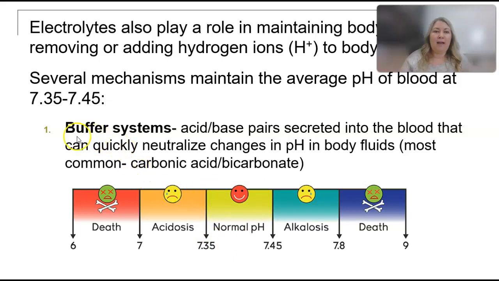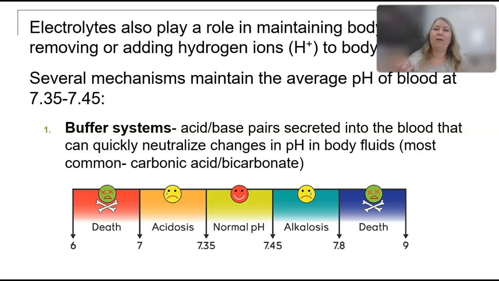But your body has many, many ways of making sure that we don't go above or below this. So this is the pH of your blood, your interstitial fluid, and that intracellular fluid. There, of course, are certain parts of the body, like the stomach, where it's very acidic, or parts of the small intestine where it's very basic.